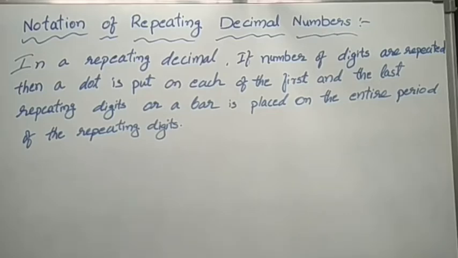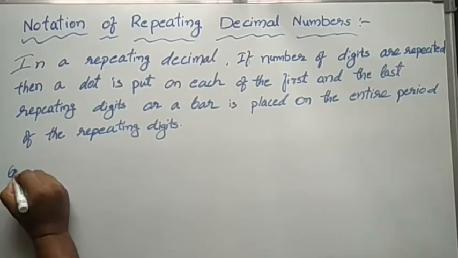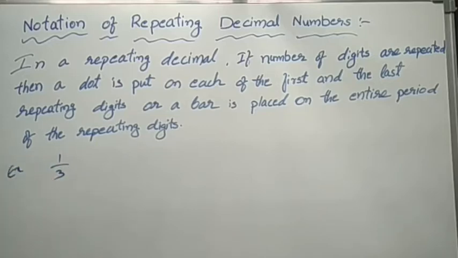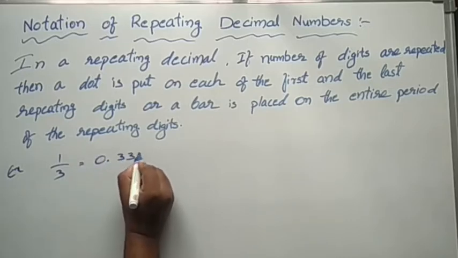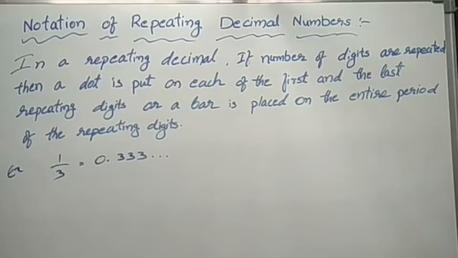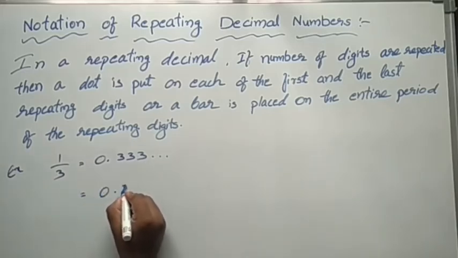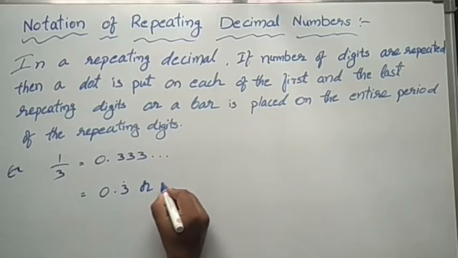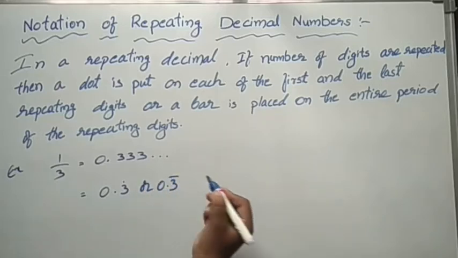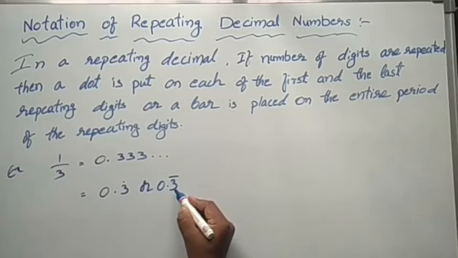Here I'll take one example. 1 by 3 is 0.33. We can represent this one as 0.3 because here only one digit is repeating. So then I am keeping a dot upside the 3, or 0.33 bar means the digit under the bar is repeating continuously.